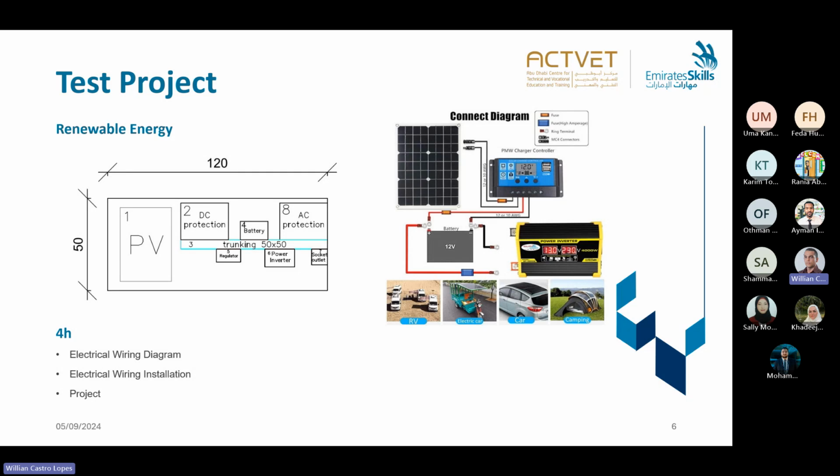Basically, we're going to use a photovoltaic panel, a DC panel for the protection on the DC side, a regulator, the battery, a power inverter, the AC panel for AC protection, and one socket outlet. The purpose is just to see if the students can manage and understand how solar power generation works.